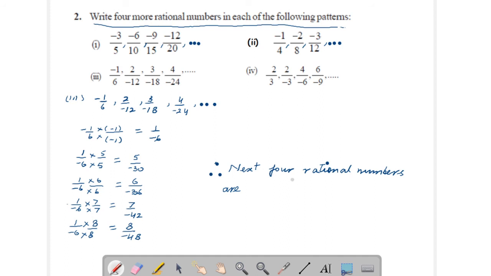Therefore, next four rational numbers are 5 upon minus 30, 6 upon minus 36, 7 upon minus 42, 8 upon minus 48. This is your answer.